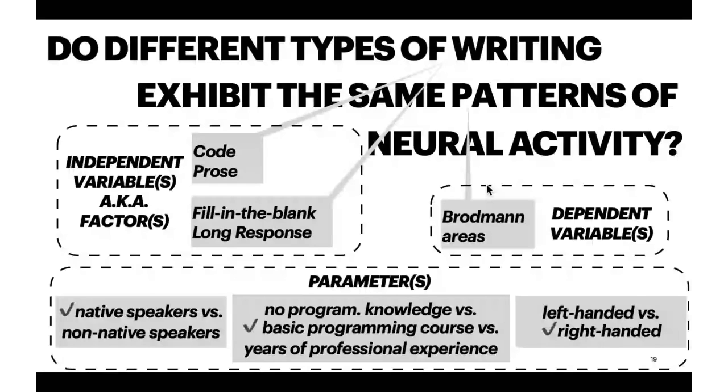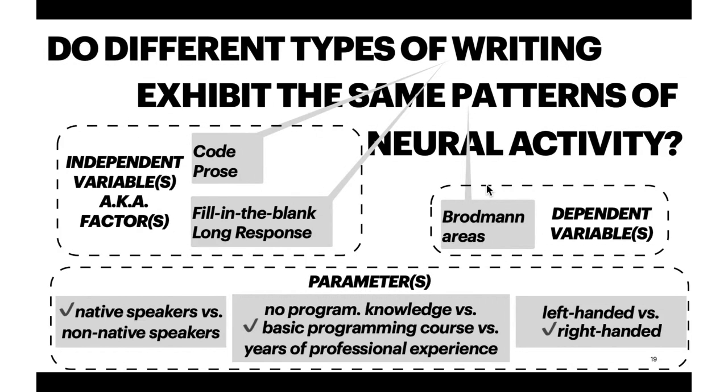So in the study of Kruger, for instance, which is a study of this fMRI, the researchers have only considered native speakers who had a basic programming course as a background and that are right-handed. So in this particular way, they have excluded influence of the parameters on the dependent variable.